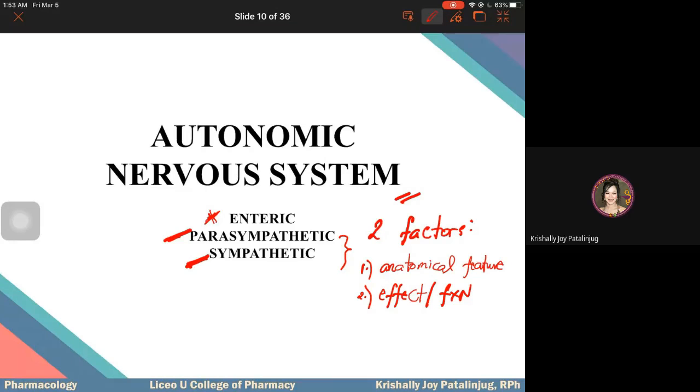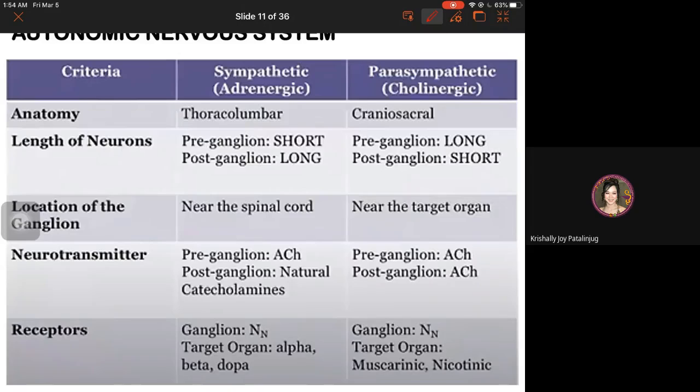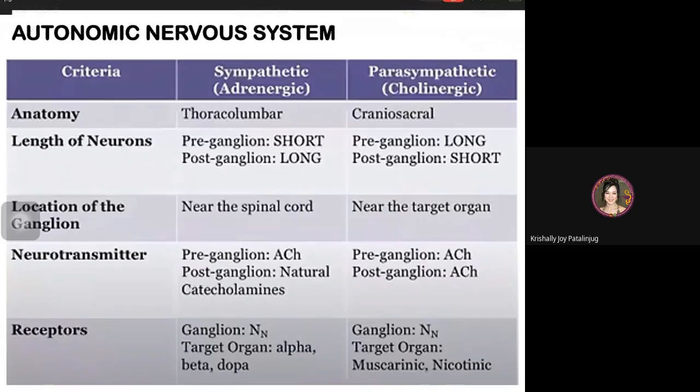Right? So ito yung gagamitin natin na basihan in order to distinguish the differences between parasympathetic and sympathetic nervous system. So unahin natin ang sa structures or sa anatomical differences of the subdivisions under ANS.